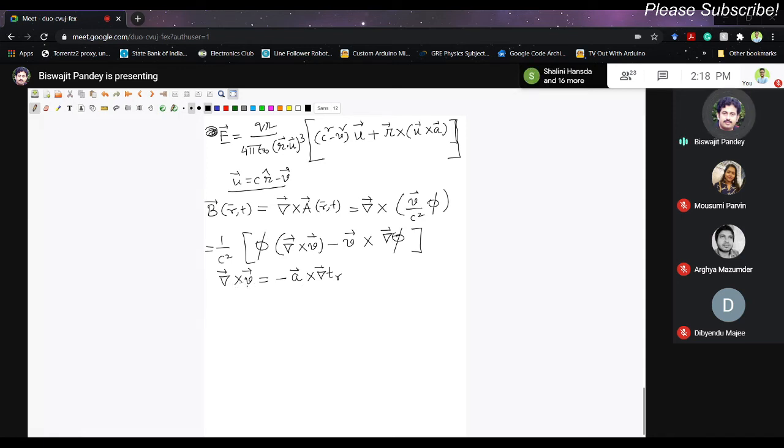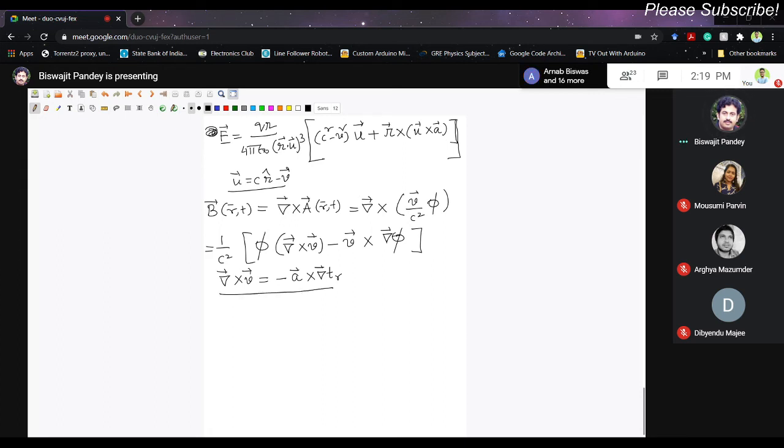Basically, curl of V, you can write the x component, y component, and z component of the cross product. Then V contains TR, so you can introduce del V del TR, and just switch this del TR, and you can write it this way. I think this was done in the last class, so I'm not repeating this.